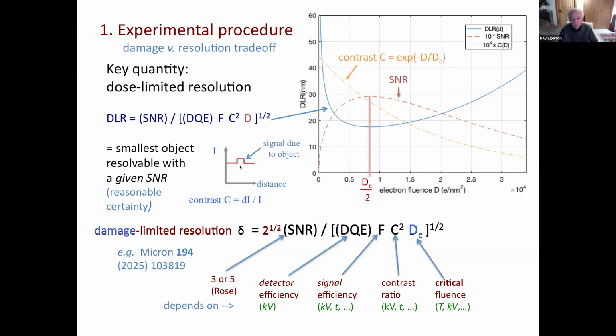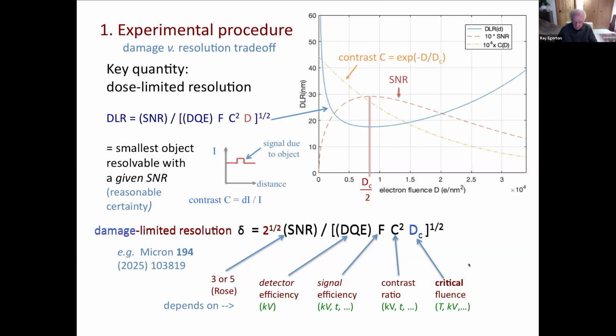It's the contrast in the sample, the Weber contrast, which is this ratio, change in intensity divided by intensity. And then our final factor is this characteristic dose in the equation. All of these quantities depend on properties of the microscope, the accelerating voltage, and also on the thickness, which it turns out to be an important parameter.